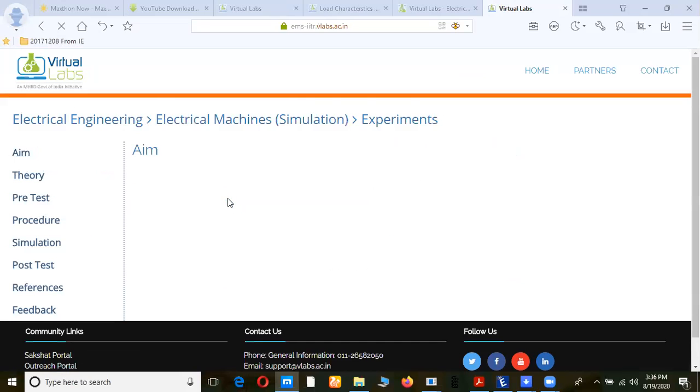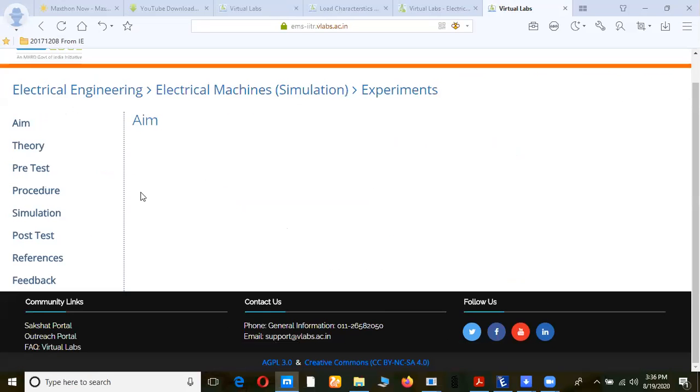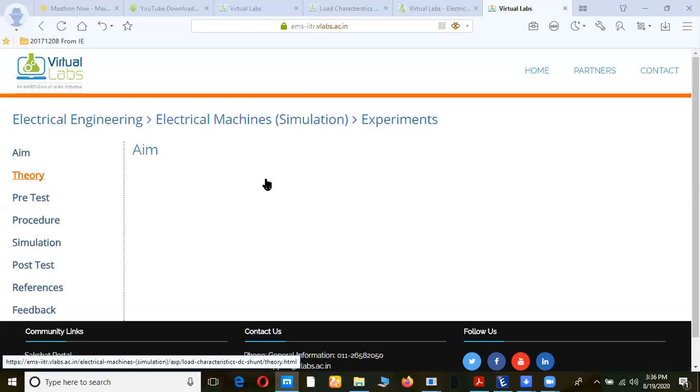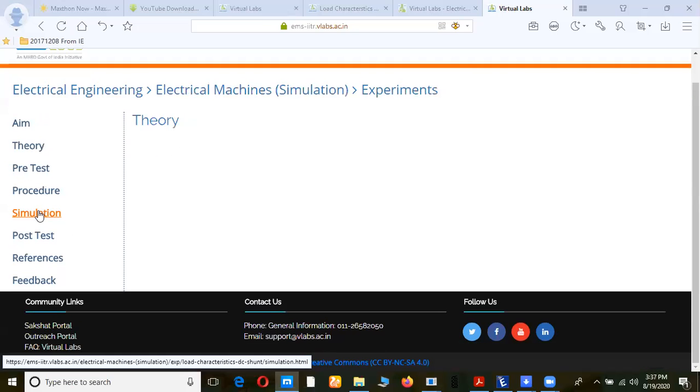If you go to this page, we can see the aim. The aim of our experiment is to discuss the load characteristics of a DC generator, right? Now go to the simulation.